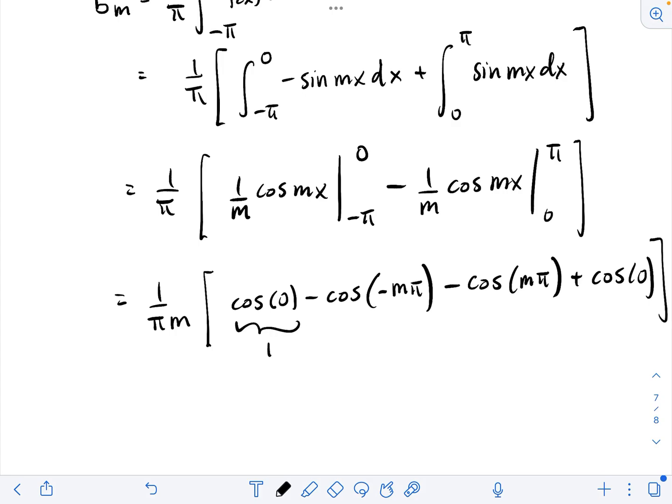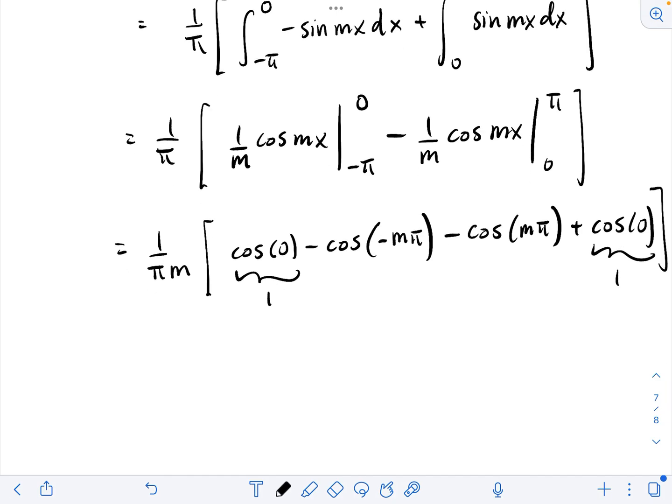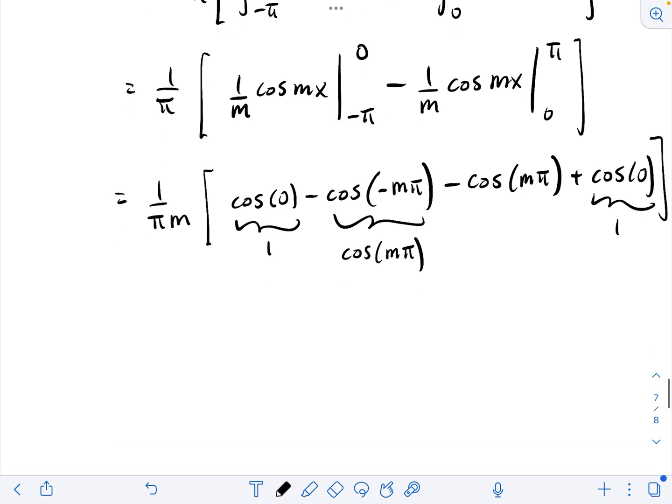Cosine, again, we've used this result before, is an even function. So cos of minus m pi is just cos of m pi. And so what we end up with, I think, is 1 plus 1 is 2 minus cos m pi minus cos m pi is minus 2 cos m pi. So we can factor out a 2 over pi times m, and then we have a 1 minus cos m pi.